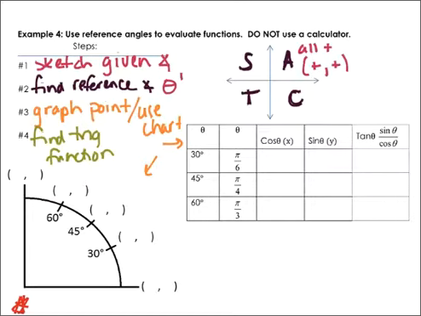S stands for only sine is positive. If sine is positive, then cosecant is also positive, but the reason for this is because your x value is negative, because it goes back, and then your y value is positive. Down in the third quadrant, tangent is going to be the only positive one, along with its inverse, cotangent.